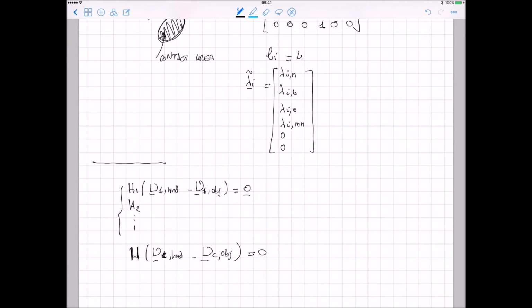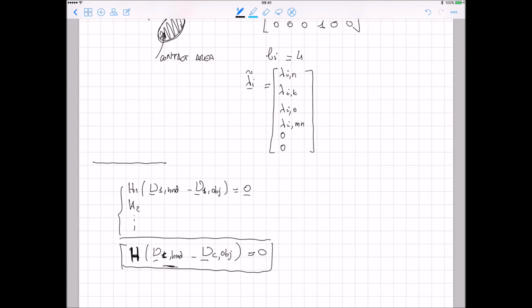So this matrix H is composed by combining in blocks the H_i matrices. And okay, this expression summarizes all the constraints for all the contacts.